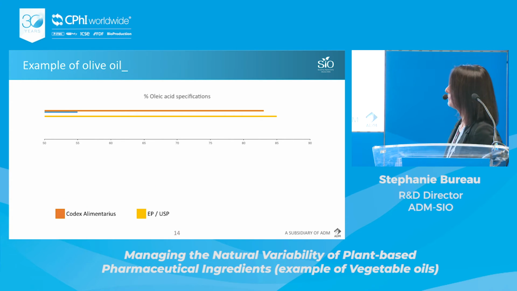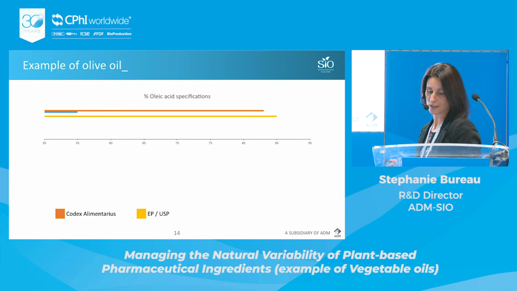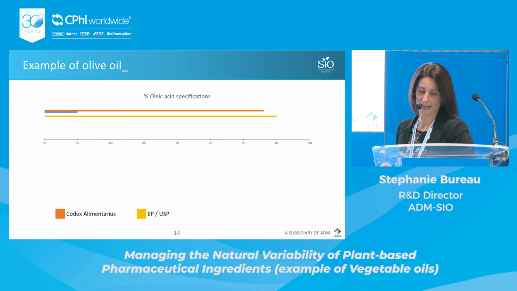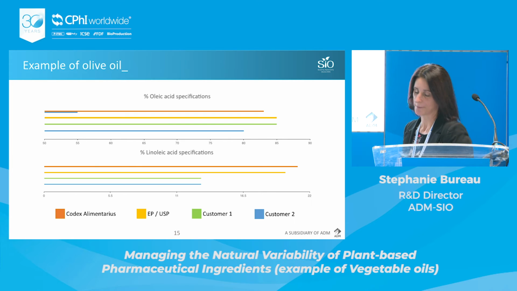So here is an example on olive oil of what can be the differences between food standards, pharmacopoeias, and the customer's requirements. For oleic acid, we saw that the food standard is between 55 and 83%, whereas the specifications for the pharmacopoeia are between 56 and 84%, sorry, 85%.